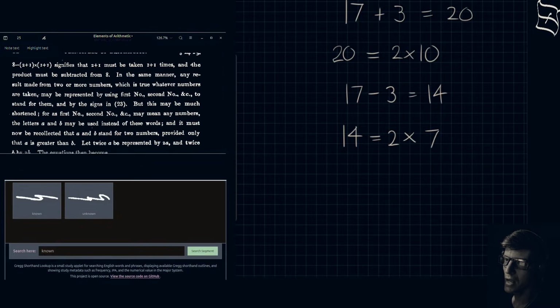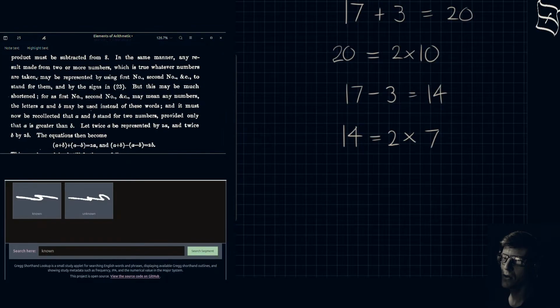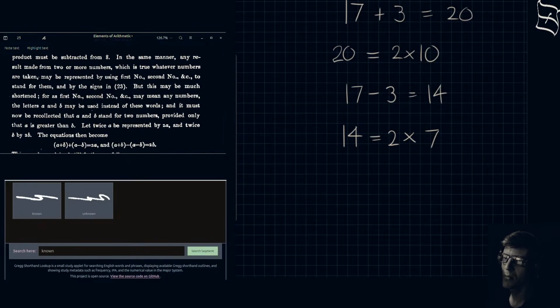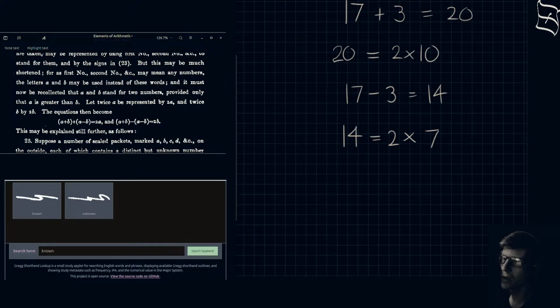In the same manner, any result made from two or more numbers, which is true whatever numbers be taken, may be represented by first number, second number, and so on, and by the signs in 23. But this may be much shortened, for as first number, second number, and so on may mean any numbers, the letters A and B may be used instead of these numbers, and it may now be collected that A and B stand for two numbers, provided only that A is greater than B.